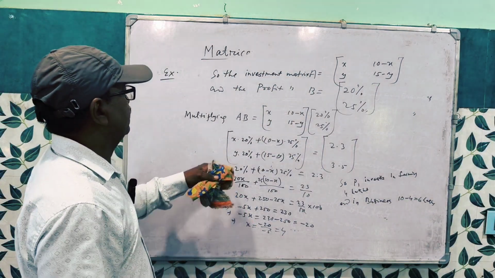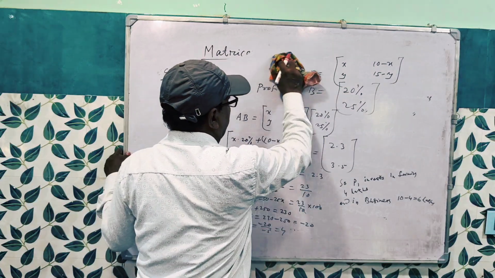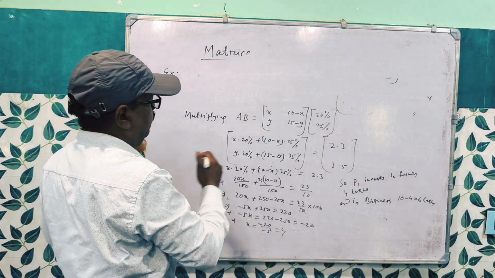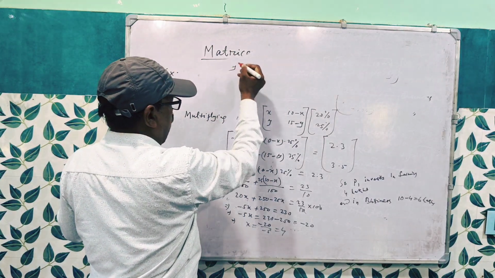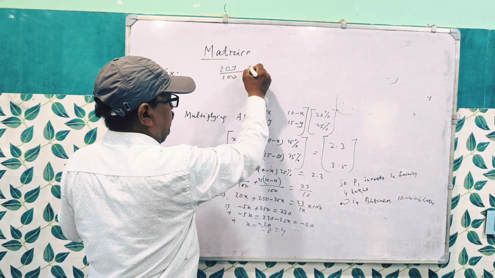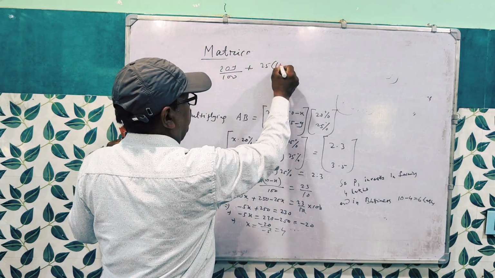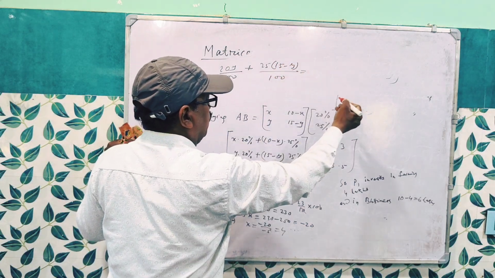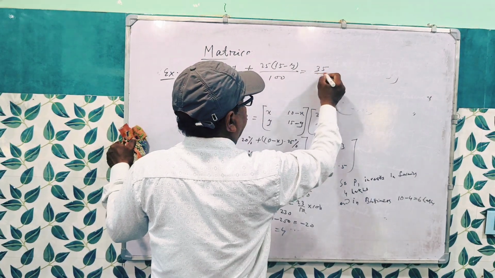Similarly, by simplifying the investment of P2, we have 20Y by 100 plus 25 into 15 minus Y by 100 is equal to 35 by 10.